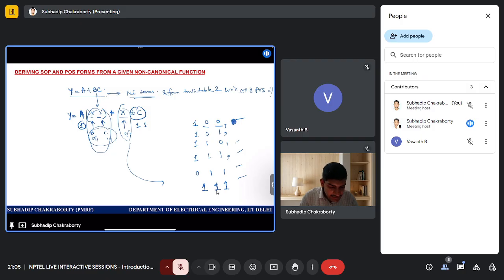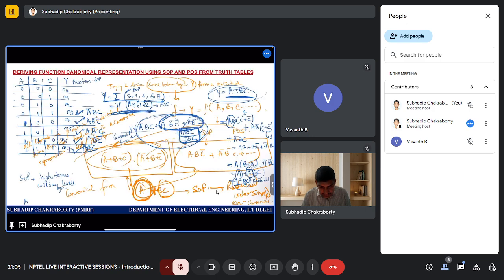So what was the actual function? Let me see. The actual function was A bar BC plus A B bar C bar plus A B bar C plus A B C bar plus A B C. So what did we do?